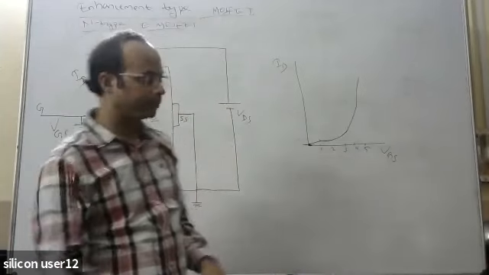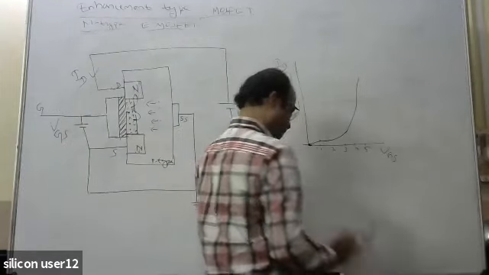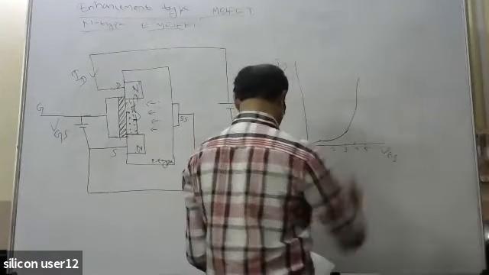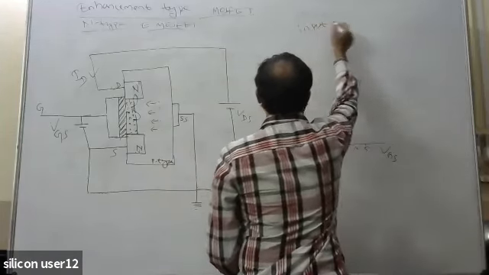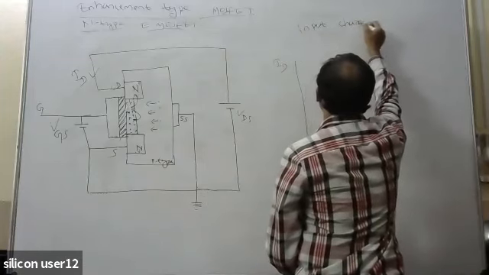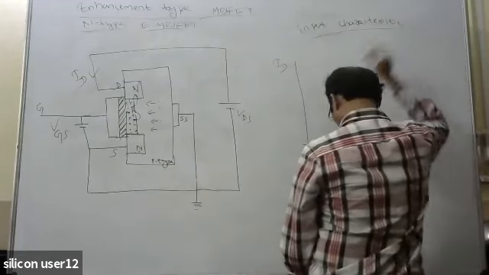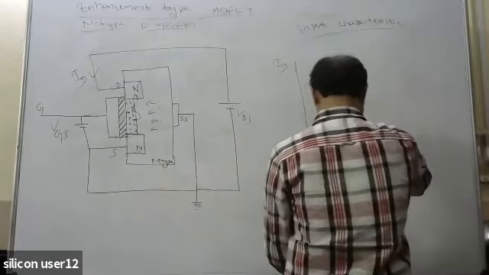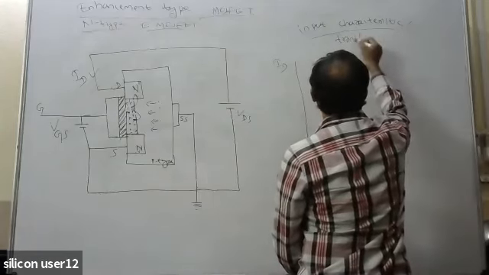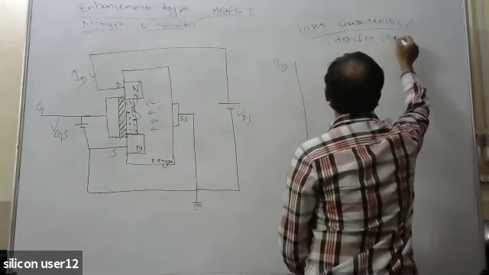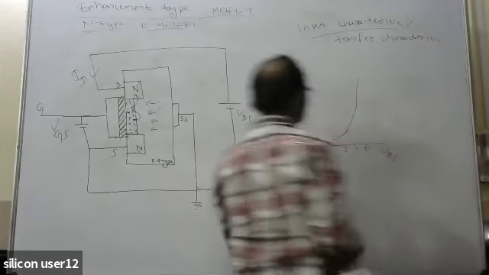Now we'll see one more thing. This one is called the input characteristics, or the transfer curve, or the transfer characteristics.